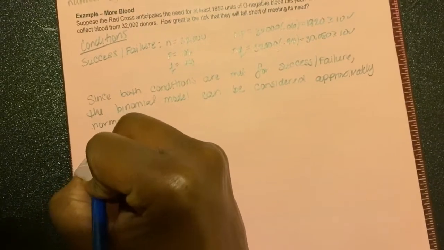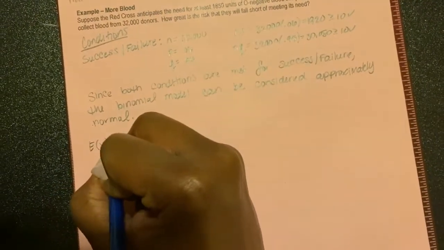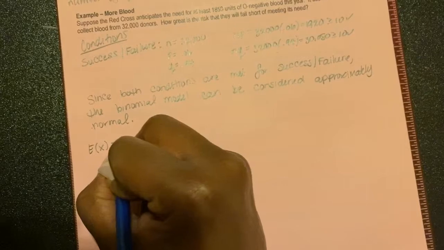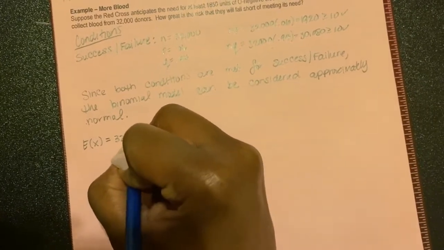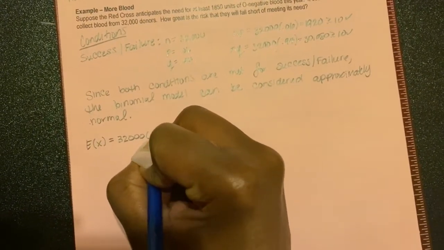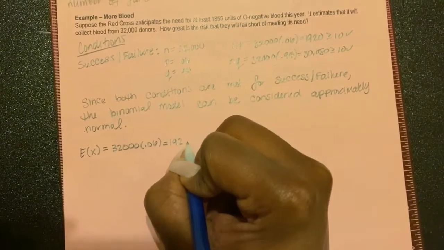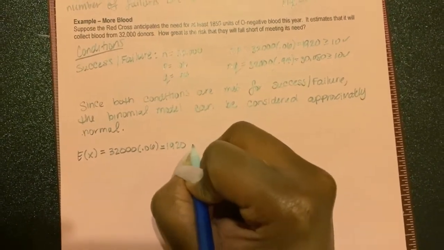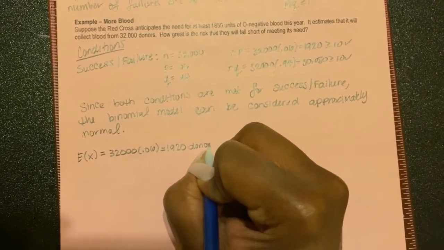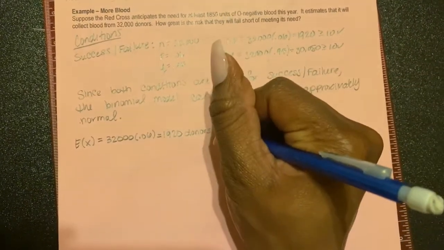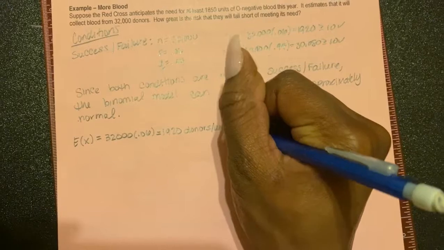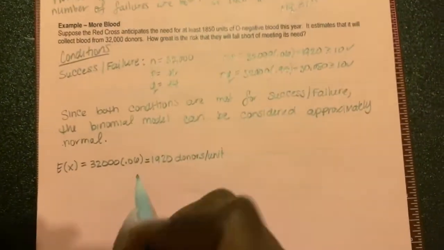So this is a binomial model, so the expected value is going to be n times p. And so we actually already calculated that, which is awesome. So that's 1,920 donors. I think I said donors or units. Either one would work. It just depends on the nature of what we're talking about here.